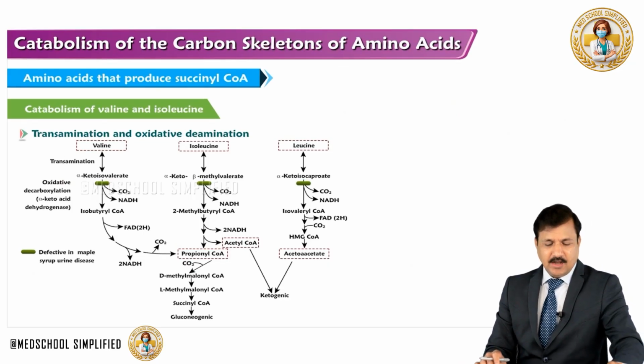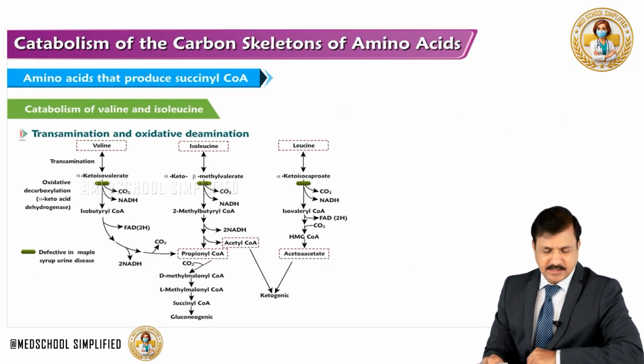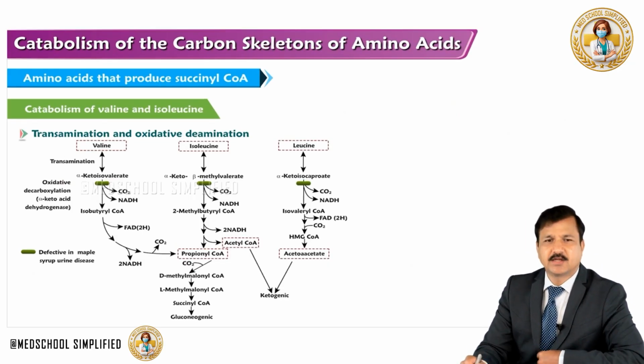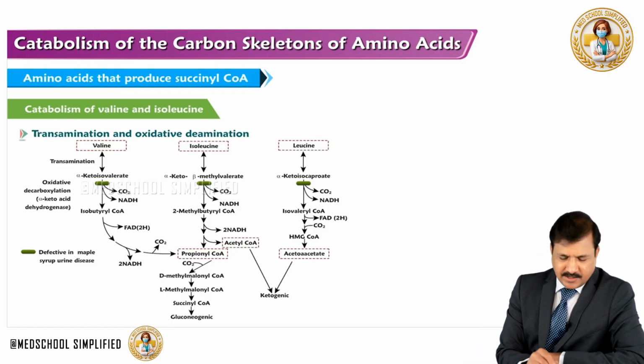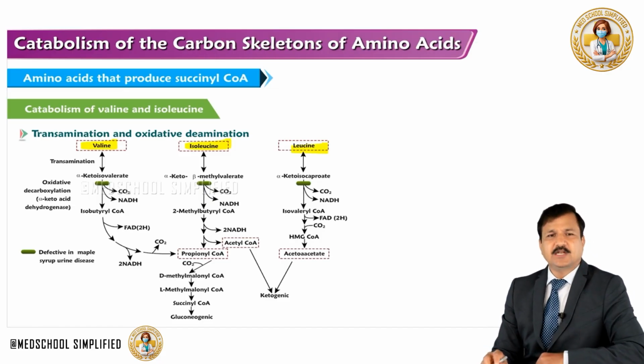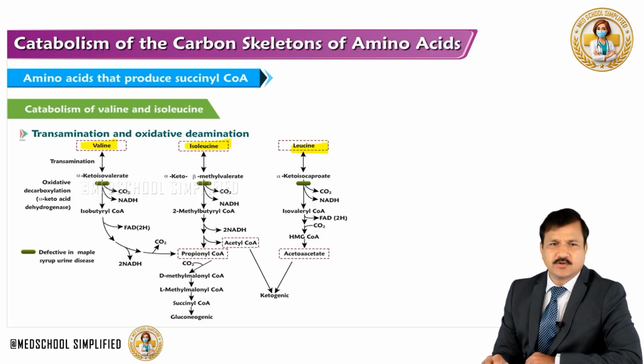Alright. Now, let us move on to see other amino acids that can make succinyl-CoA as their metabolic intermediate, especially coming from the carbon skeleton. Next slide. What you see here is branched chain amino acids: valine, isoleucine and leucine. Especially look at valine and isoleucine.